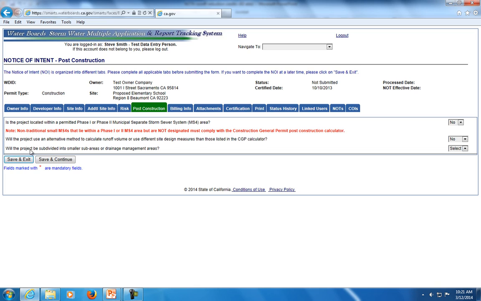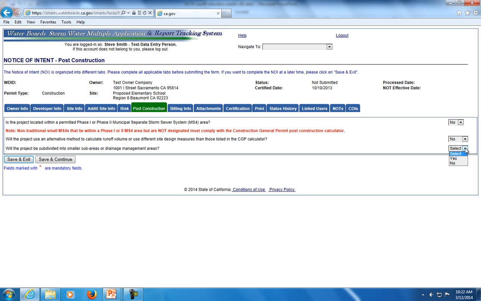Then it asks you, will the project be subdivided into smaller sub-areas or drainage management areas? One of the things the water board wanted to do was allow people to mimic the drainage layout that is done in a drainage plan or a flood control plan, not depart radically from the delineation that's already been done to quantify hydrology on the site. In this case, I'm going to put no, because we'll have a simple, straightforward project to illustrate how the calculator works.